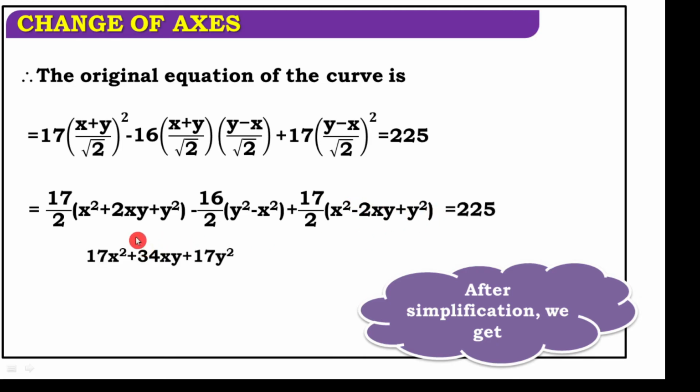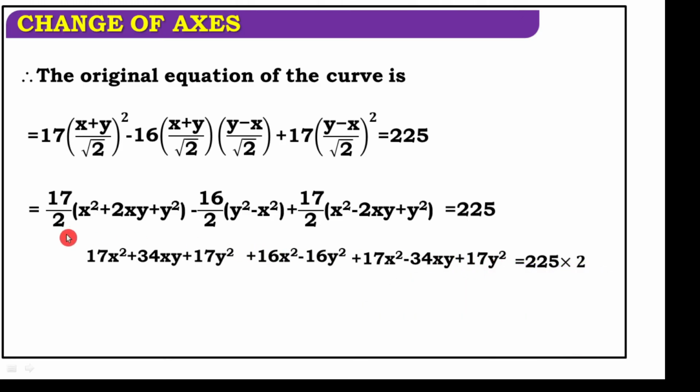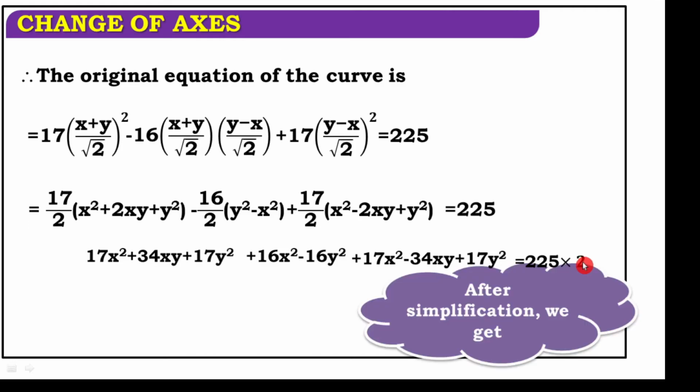If you take LCM, multiply 17 into x square, 17x square, 17 2s are 34, 17 y square, minus 16 y square plus 16 x square. This one 17 x square, 17 2s are 34, plus 17 y square equals, cross multiply with 2, so 2 into 225.